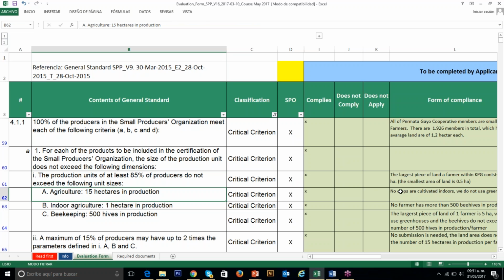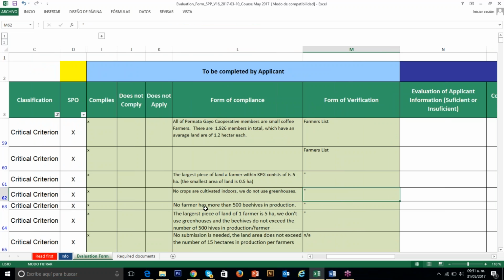Then the answer in this case was: the largest piece of land a farmer within the cooperative consists of is 5 hectares. The smallest area of land is 0.5. No crops are cultivated indoors. We do not use greenhouses.